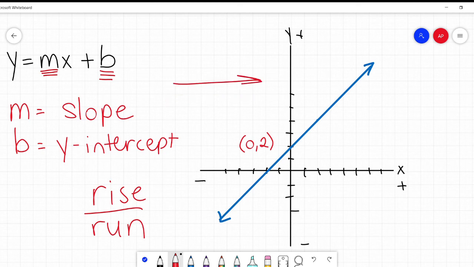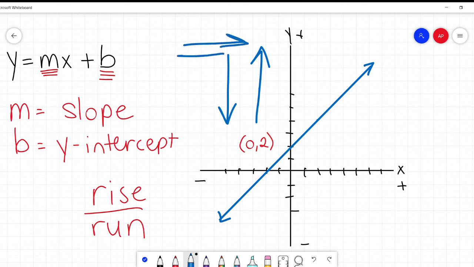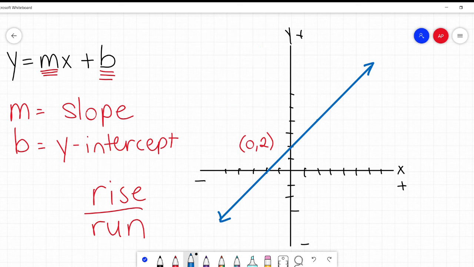So when we talk about rise over run, rise is how far up or down the line goes, and run is how far left or right the line goes. So let's look at our line here.